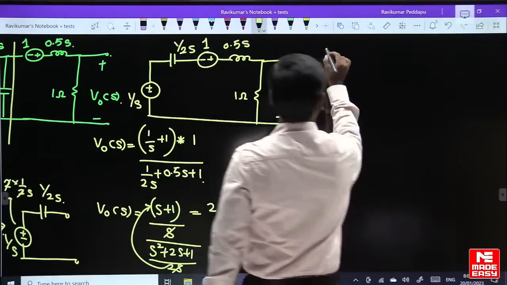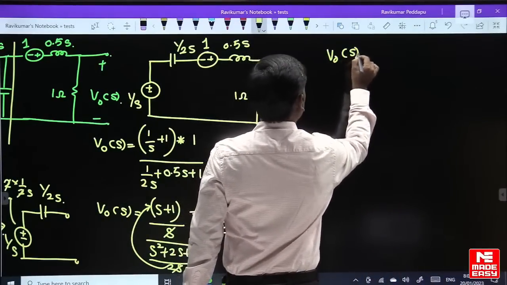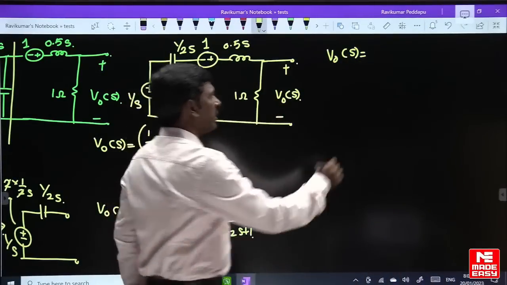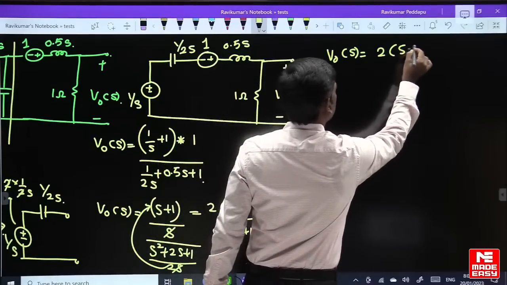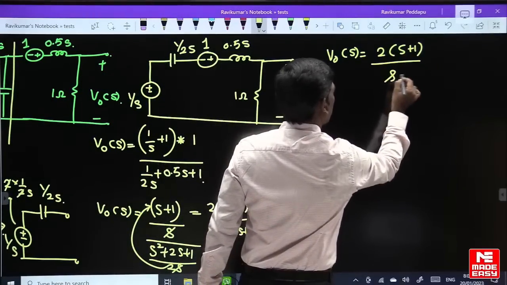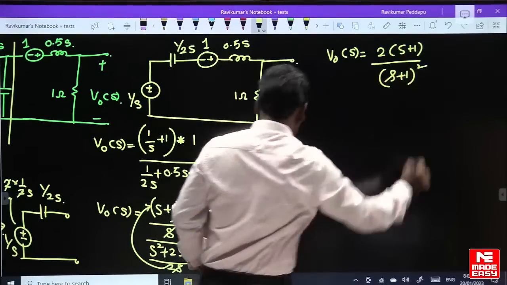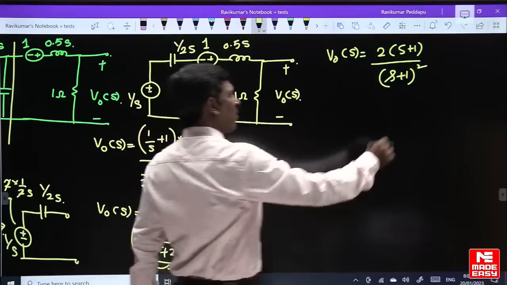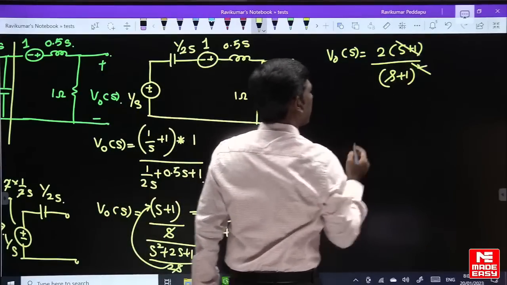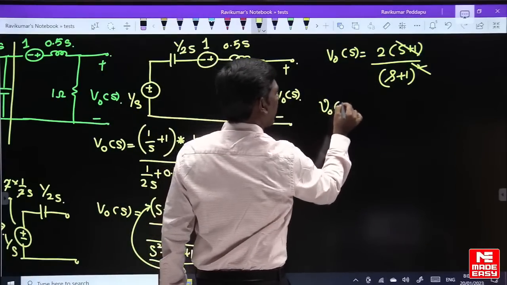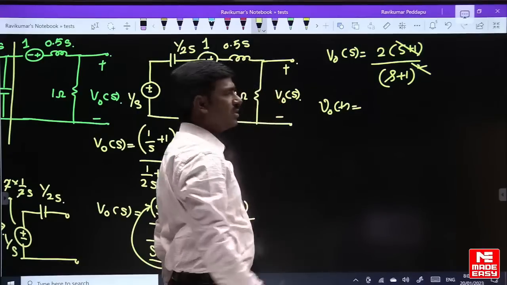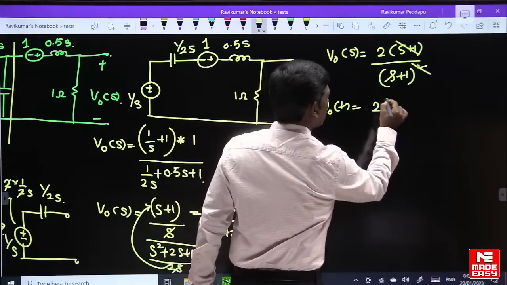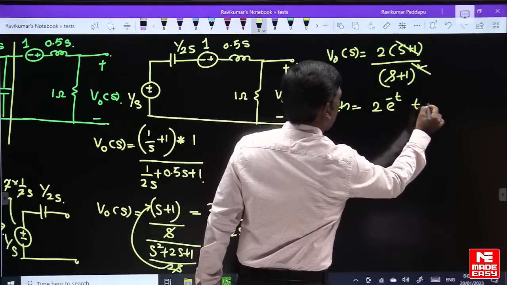So V output of S is equal to simply 2 into S plus 1 by S plus 1 whole square. S square plus 2S plus 1 becomes S plus 1 whole square. So S plus 1 gets cancelled. So V output of T, directly apply inverse Laplace transform to this one, is 2 into e power minus T, T greater than or equal to 0.